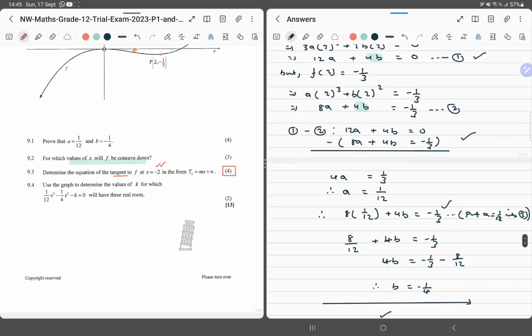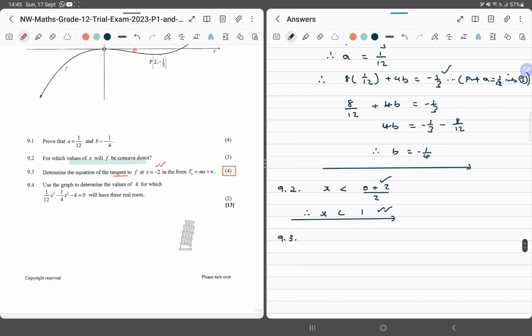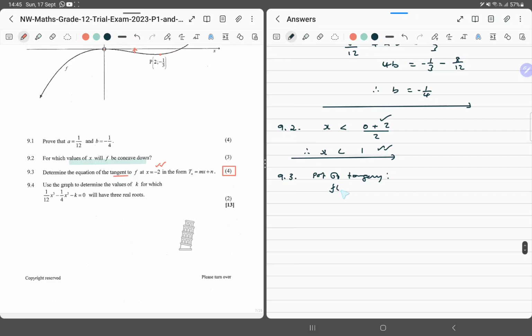We can just deal with that nice and easy. And then at that point of tangency, those 2 points, the tangent and the graph are equal. So we can find the corresponding y value at that point. So we can say now the point of tangency is such that we've got f of -2, which is, we don't have f.